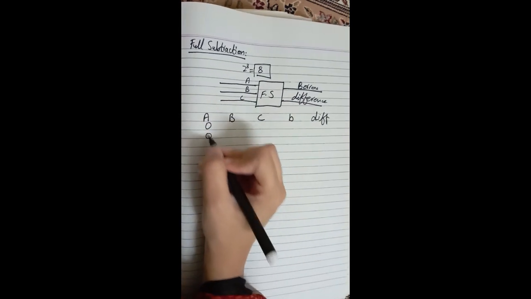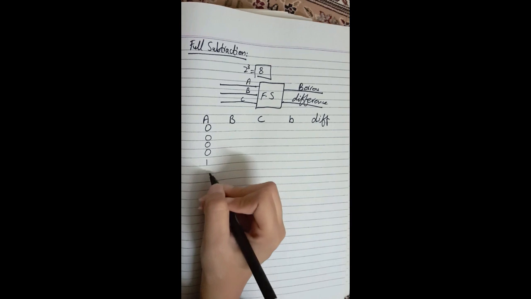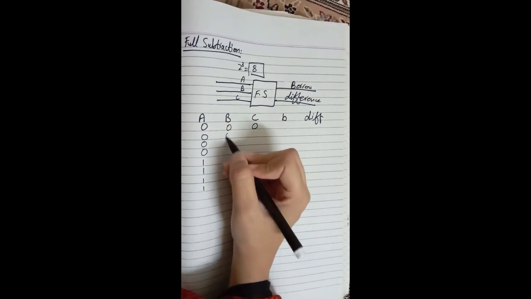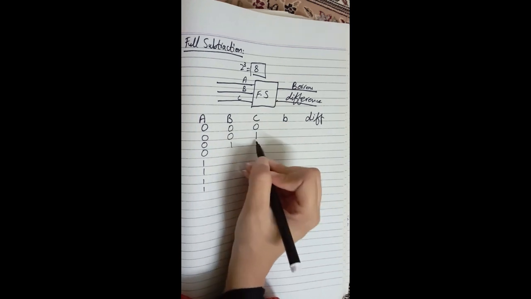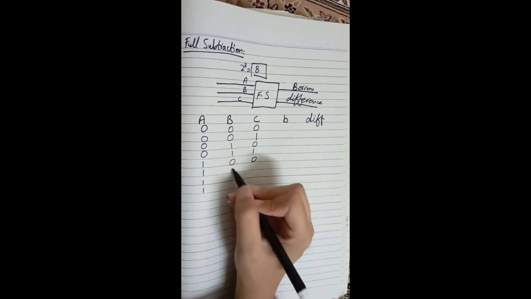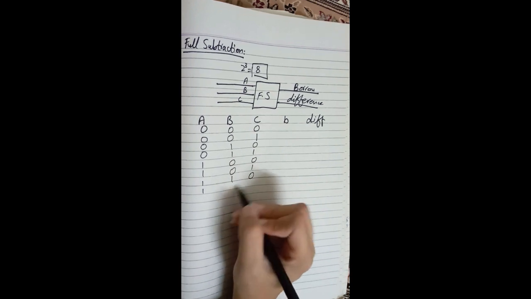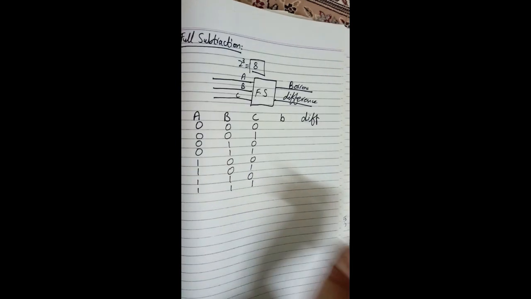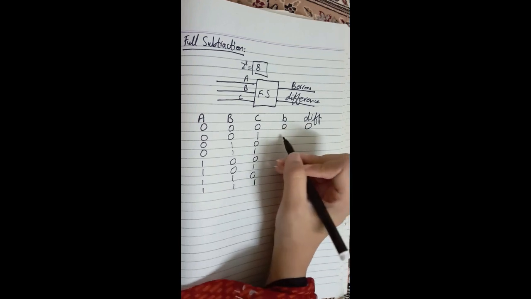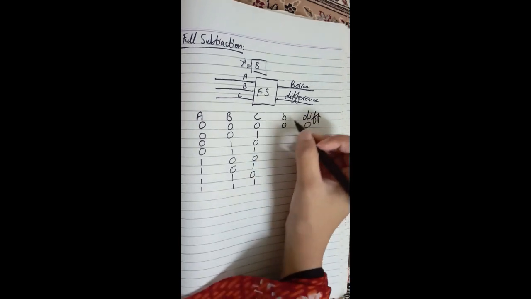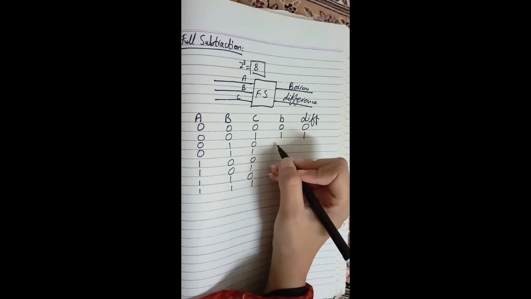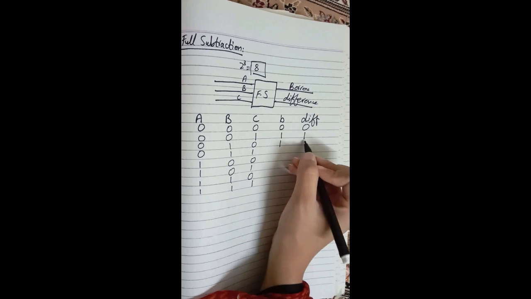For the inputs we write 0 0 0, 0 0 1, then 0 1 0, 0 1 1, and then we repeat it again for 1: 1 0 0, 1 0 1, 1 1 0, 1 1 1. Now when we subtract 0, it will be 0 borrow and 0 difference. For 0 minus 1, we have 1 borrow and 1 difference. Again for 0 minus 1 and 1 minus 0, we have 1 borrow and 1 difference.